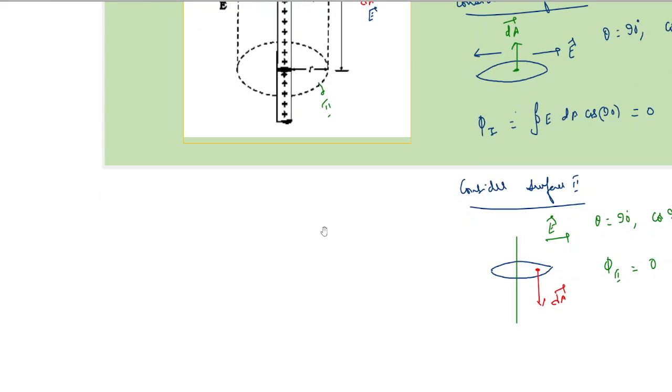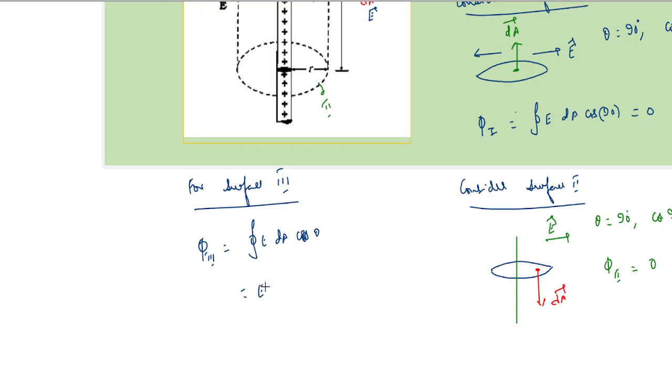So by that logic, for surface 3, the total electric flux through surface 3 would be the integral of E dA cos theta.